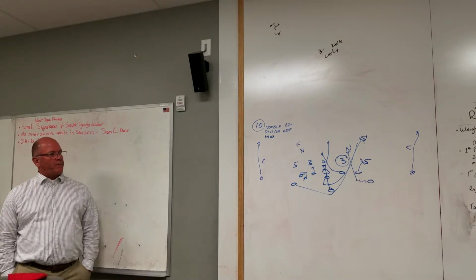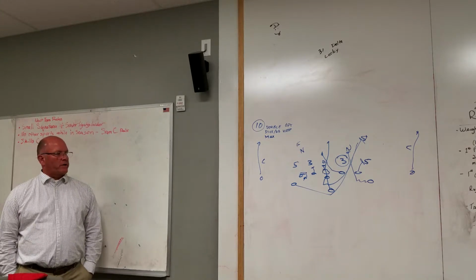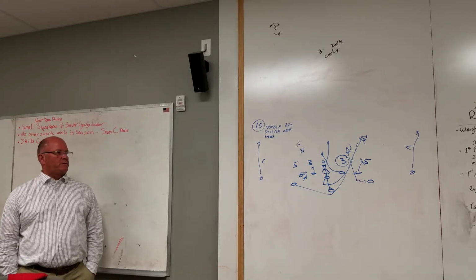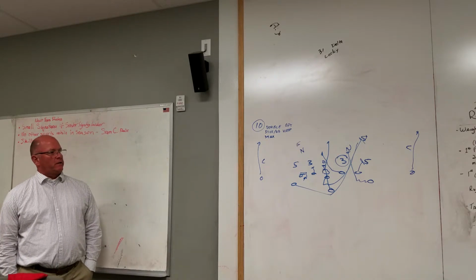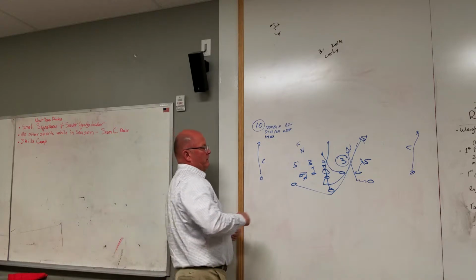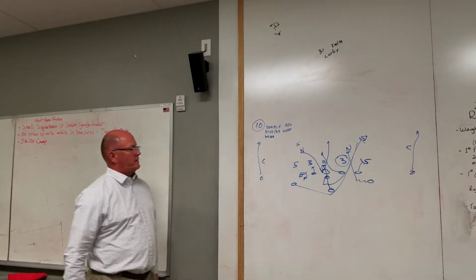Now we have to take our backside guard and block that 3 technique, because that's an impossible block. We try to never ask anybody to do something that's not possible. We wouldn't ask our tackle to try to get that 3 technique. The only little bit of a kink in the armor here is if they do this right here, we don't really have anybody to take that.